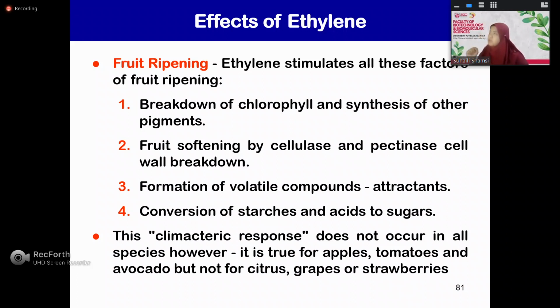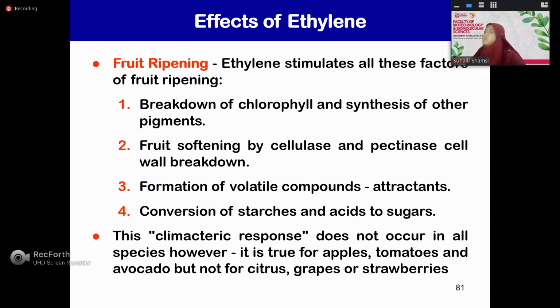Non-climacteric fruits, if we pick the non-mature or non-ripened fruit, and put it on the bench, and envelope it with newspapers or even paper, it won't ripen. Okay, I hope you guys can differentiate between climacteric and non-climacteric. Back then when I was in Australia, we went for grape picking, somewhere in December, if I'm not mistaken.